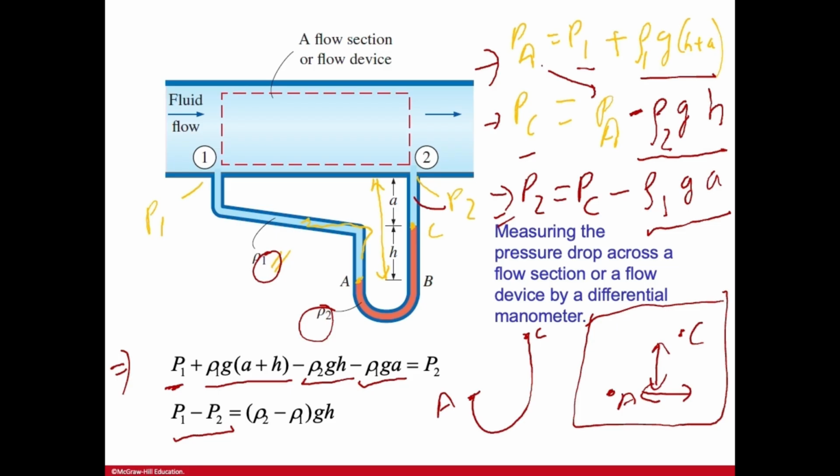And you see that the height a is not really important because it cancels off. You have rho 1 g a and you have rho 1 g a here. So the only thing that is important is the height of the working fluid; multiply that by its density and gravity, and you get the difference in pressure between points 1 and 2.